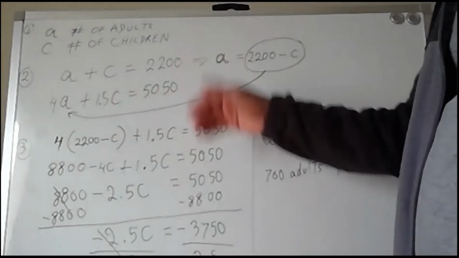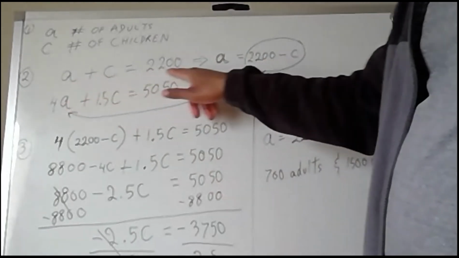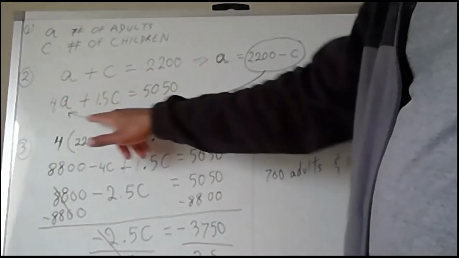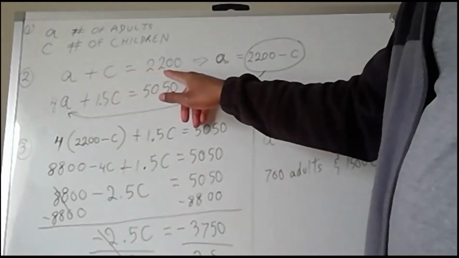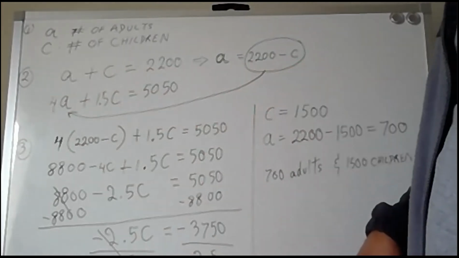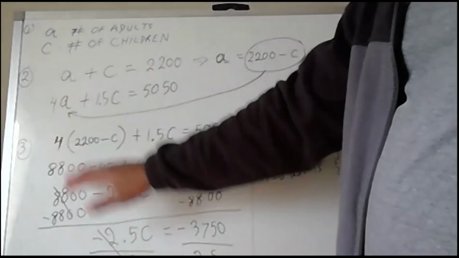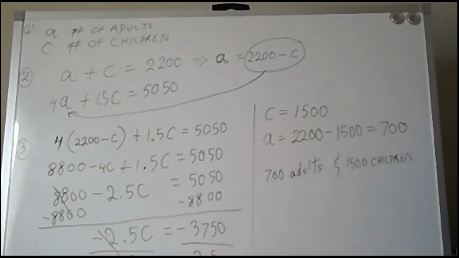And then we rewrote the first equation so that we're able to substitute it into the second equation for A. So we subtracted C from both sides to get A is equal to 2,200 minus C. And then we plugged that in for A and we solved our equation and we got C is equal to 1,500, which is the number of children.